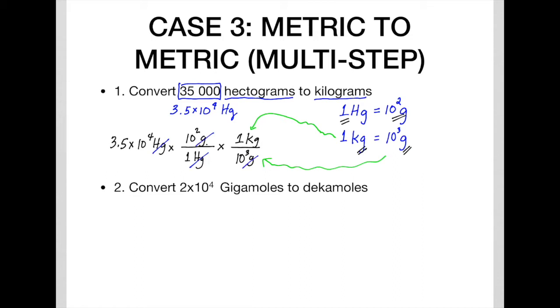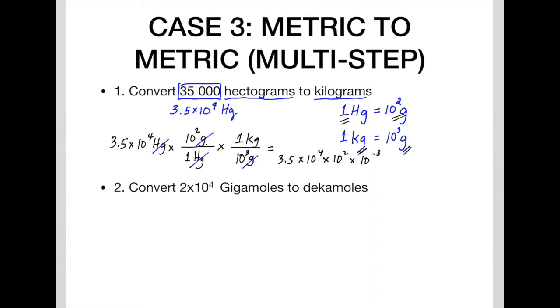So that is, I could cancel now my grams. So therefore, what will now be my final answer? My answer would be this. We have 3.5 times 10 raised to 4 times 10 raised to 2, and then this one is 10 raised to 3, that would become 10 raised to negative 3.